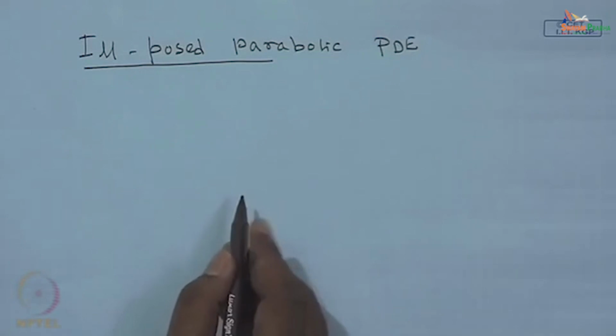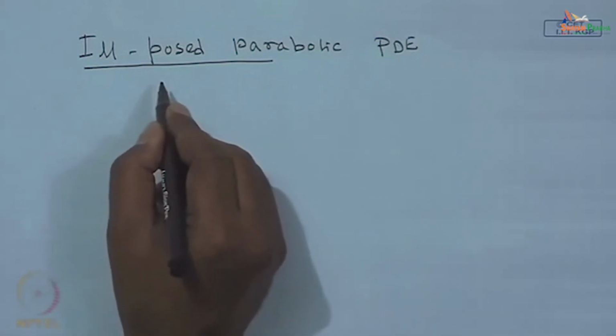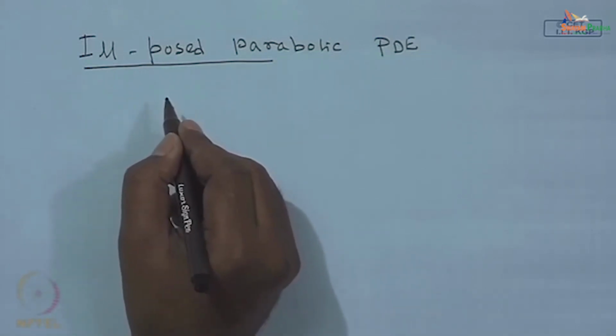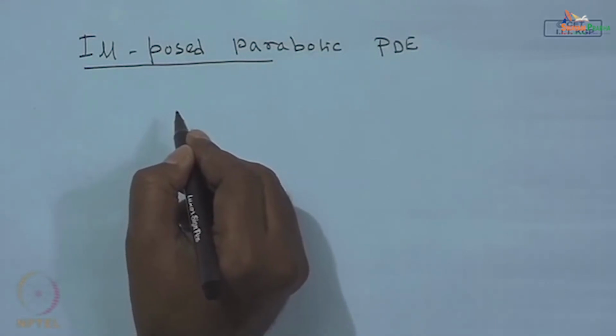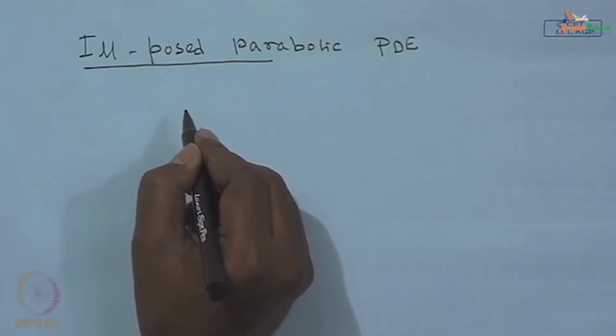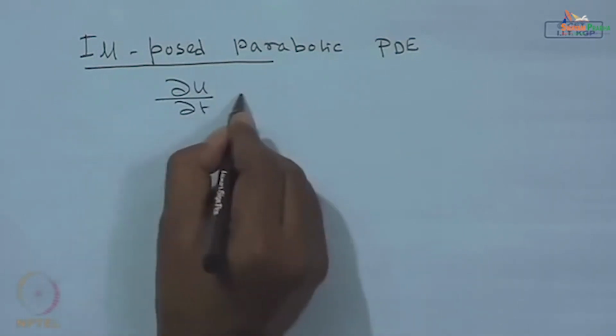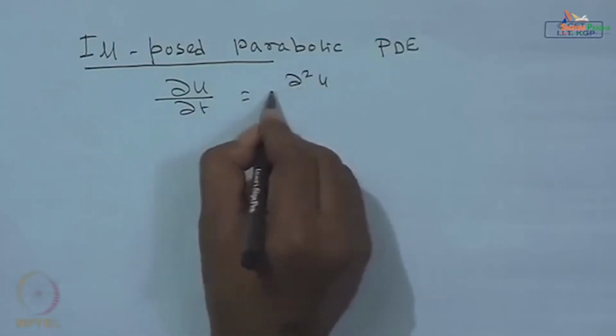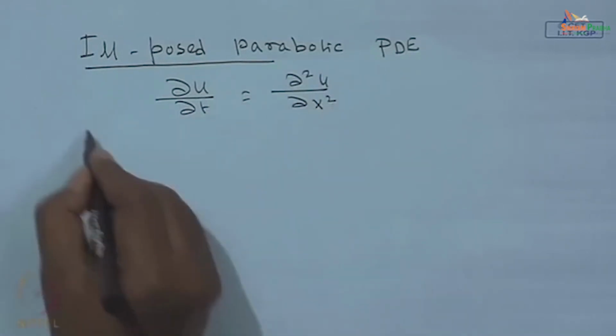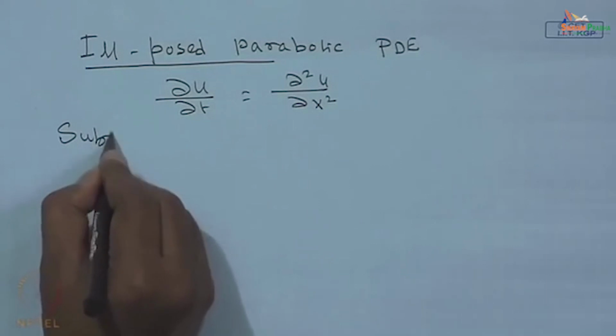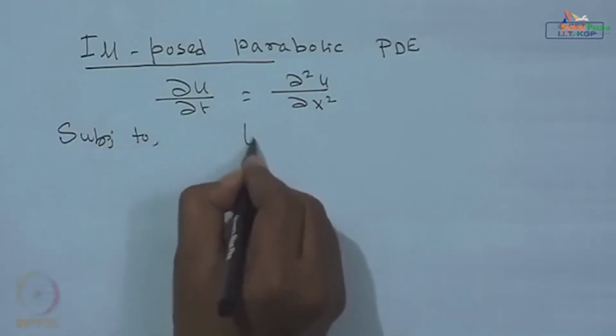So, the ill-posed problem will be something like this. Let us look into the Dirichlet boundary condition. One of the boundary conditions is non-homogeneous and the initial condition is homogeneous. So, this becomes del u del t is equal to del square u del x square subject to this set of boundary conditions and initial conditions.